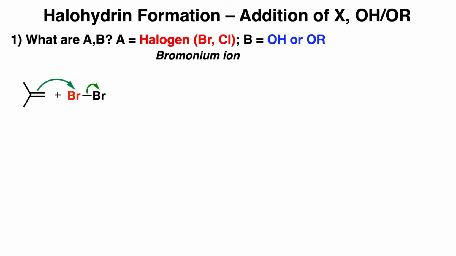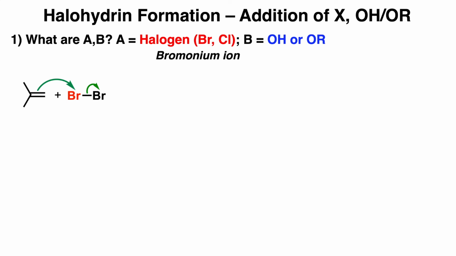And lastly, the fourth reaction is called halohydrin formation, where one halogen and one OH or OR group are added across an alkene. For this reaction, A is a halogen and B is OH or OR.